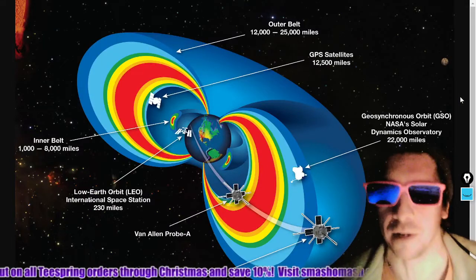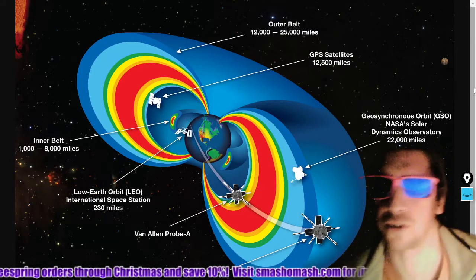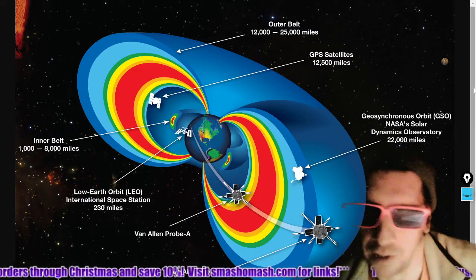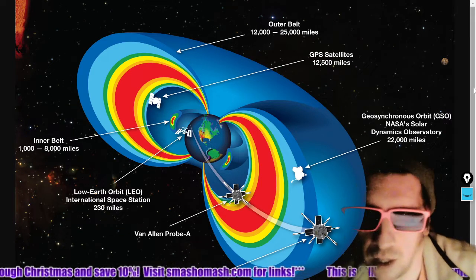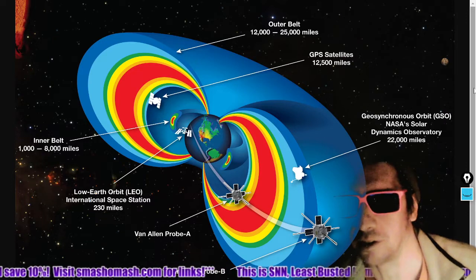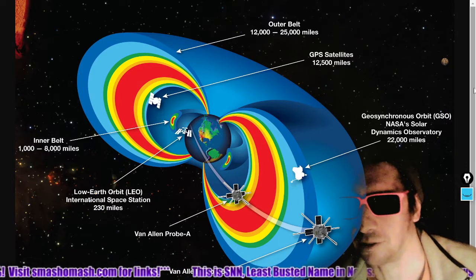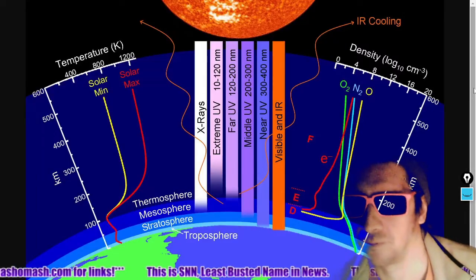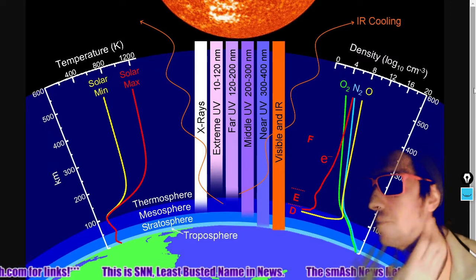There's probably nobody there. So here's just a diagram of the Van Allen belts and the location of spacecraft such as the SDO, the International Space Station, and GPS satellites. And here's another diagram.